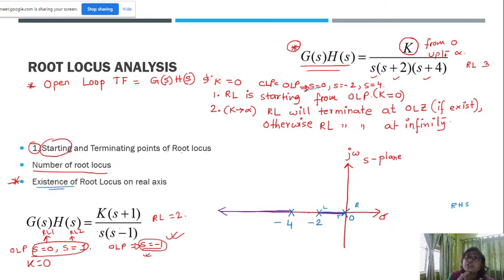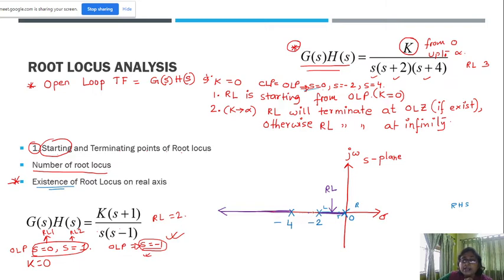If I get odd number of poles in the right hand side, that means root locus will exist there. এরপর তাহলে আমি 0 to -2 এর মধ্যে root locusটাকে বলে দিলাম যে the root locus branch will exist here. So here root locus branch will exist.